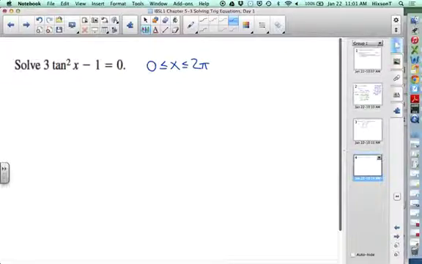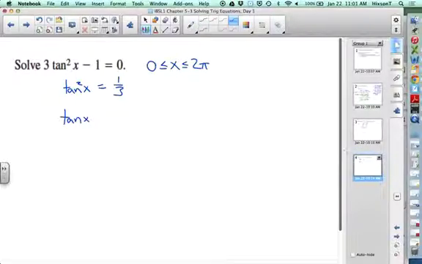Alright, so we're trying to get tangent by itself. Tangent squared of x equals 1/3. Add 1, divide by 3, and then, like Joseph said, we are going to take the square root.